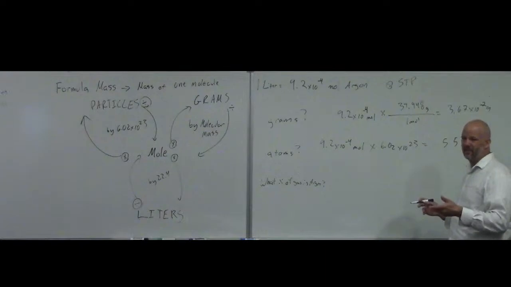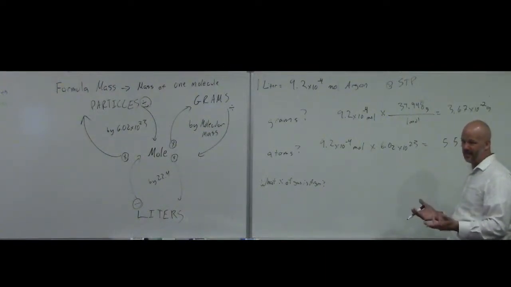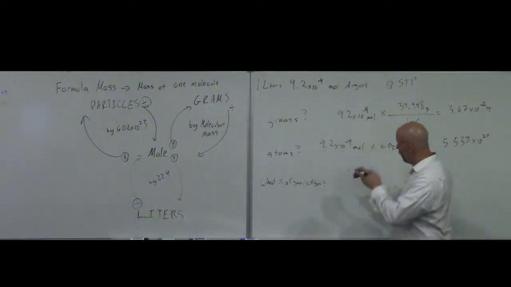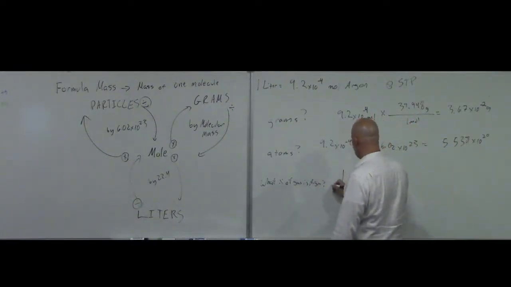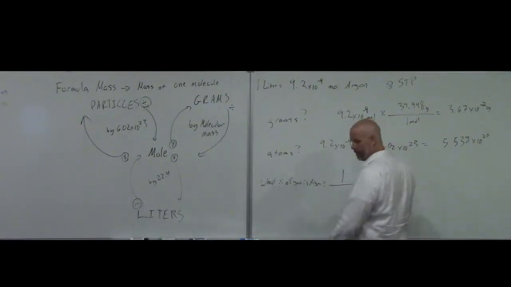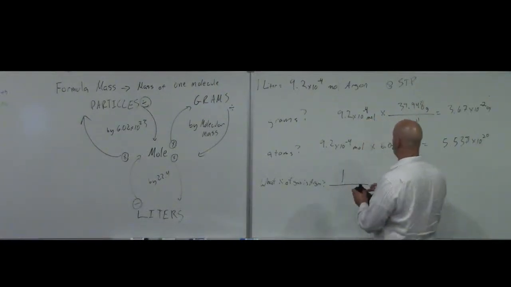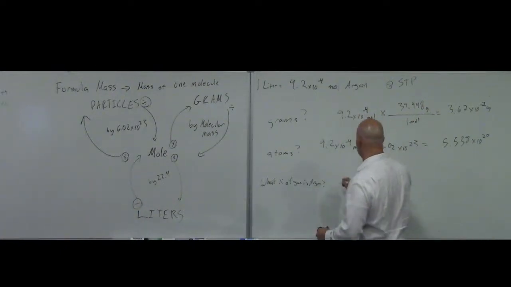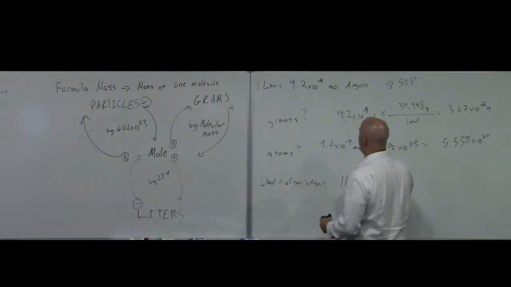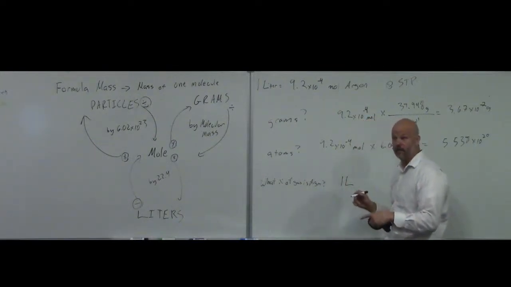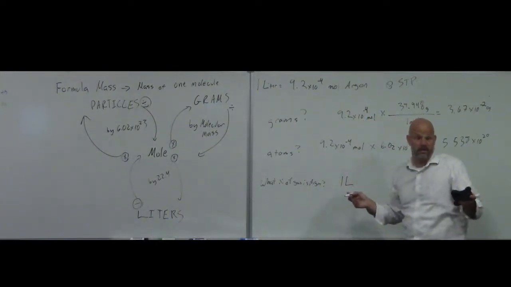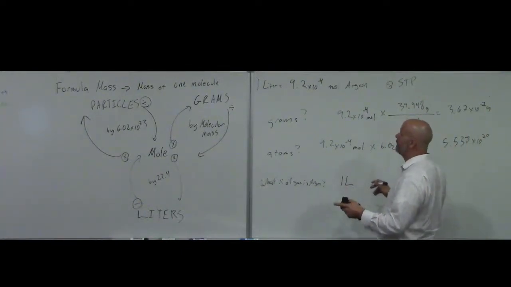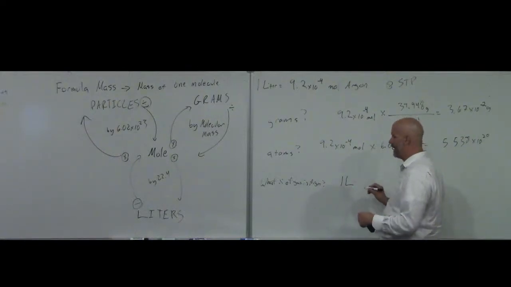To do that, I need to know, first of all, how much should be in any given liter. I've got 1 liter. I want to know how many moles should be in 1 liter. Maybe this is 100% argon, maybe it's 50% argon. I don't know yet.